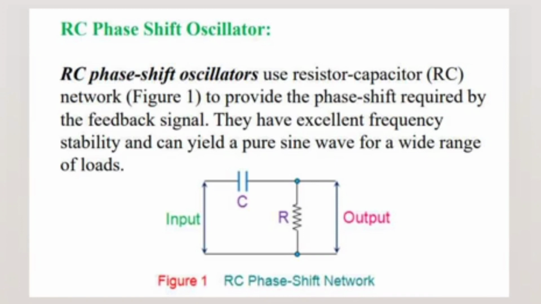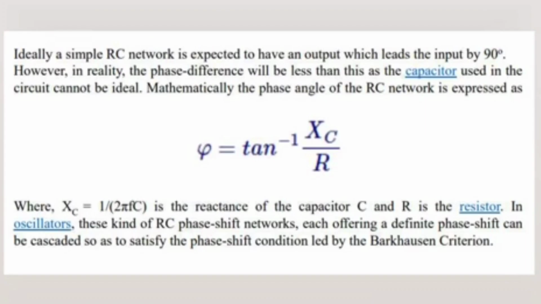RC phase shift oscillators use a resistor capacitor RC network to provide the phase shift required by the feedback signal. They have excellent frequency stability and can yield a pure sine wave for a wide range of loads. Ideally, a simple RC network is expected to have an output which leads the input by 90 degrees. However, in reality, the phase difference will be less than that, as the capacitor used in the circuit cannot be ideal.